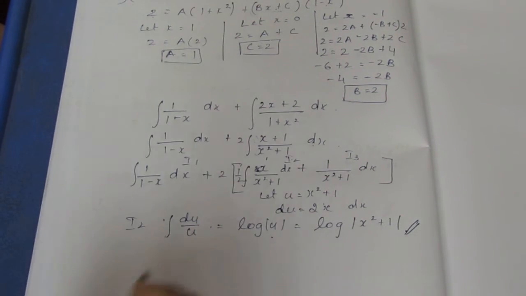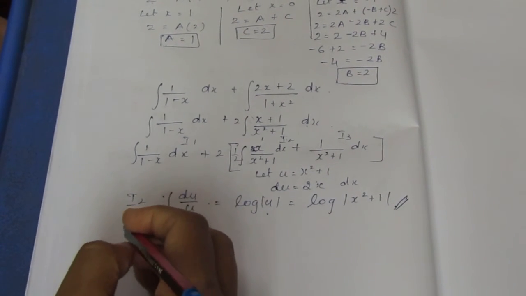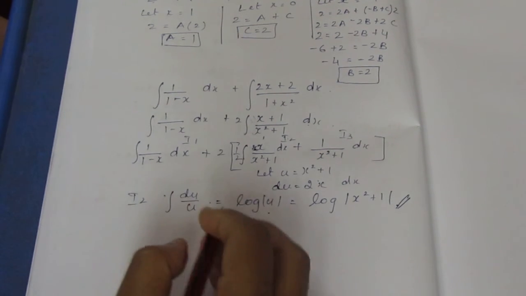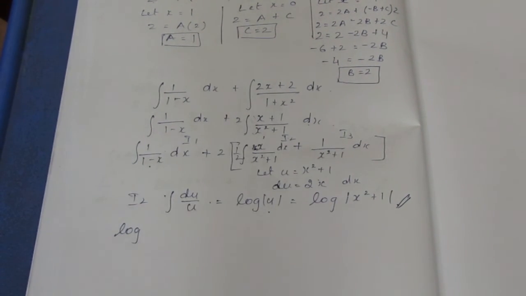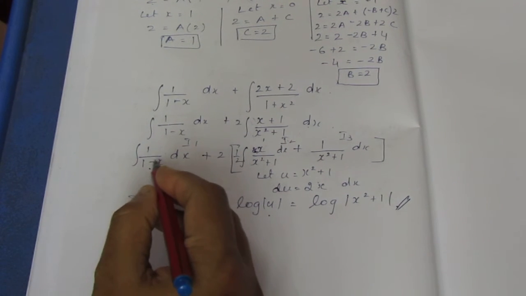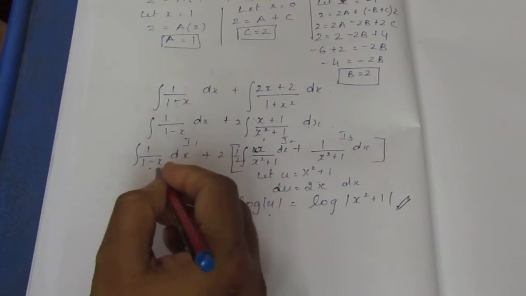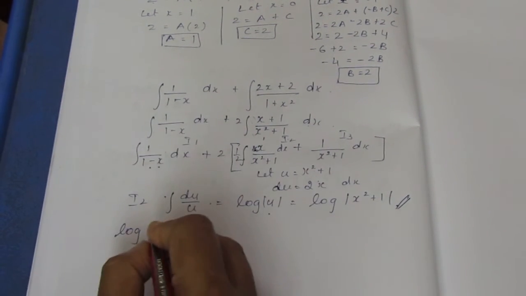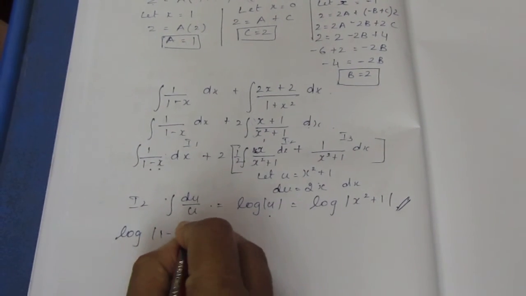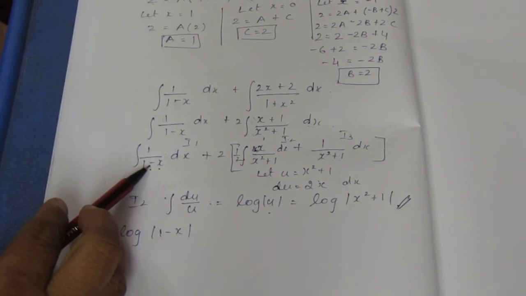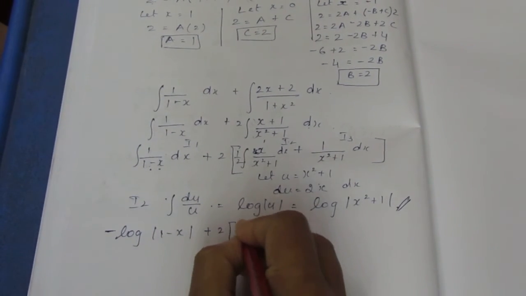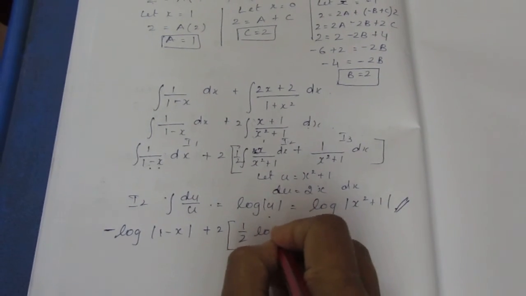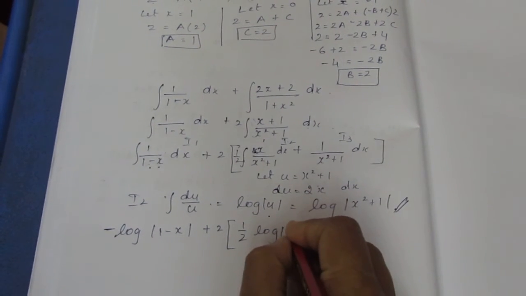Let me integrate everything now. Here we can directly apply the log formula, because integration of 1 by x is log x. So here it becomes log of 1 minus x, and with the inner function's differentiation being minus 1, it is minus log, plus 2 into half, and then we have already done this, so directly we can apply the formula here.